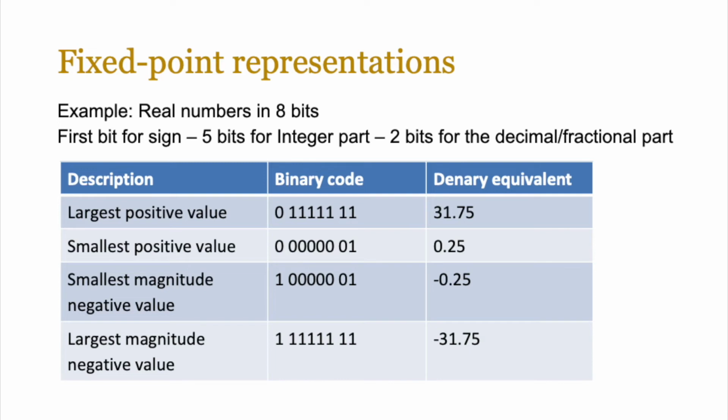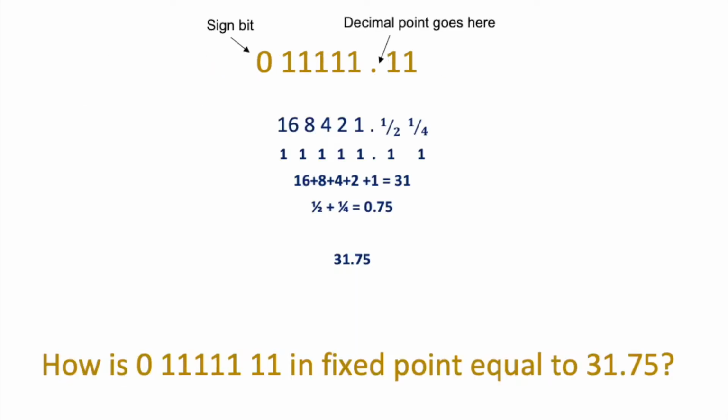For example, using this case, the largest positive value would be 0, 1, 1, 1, 1, 1, 1, 1. Now that's the equivalent of denary 31.75 because 0 is the sign bit, so that tells you it's a positive number. 1, 1, 1, 1, 1 equates to 31, and the last 2 bits equate to .75. Why .75?